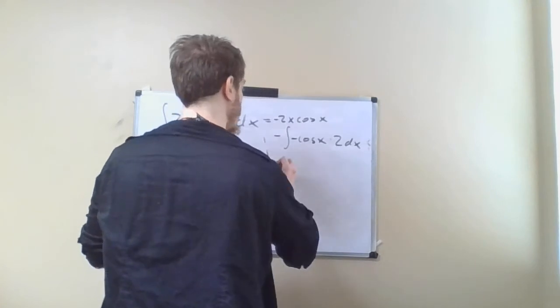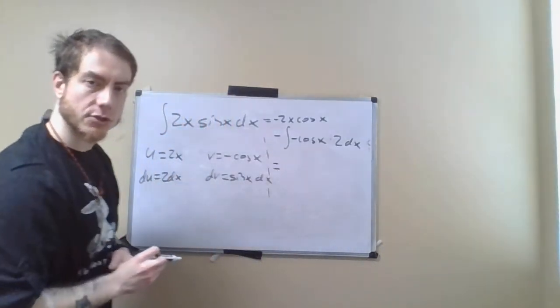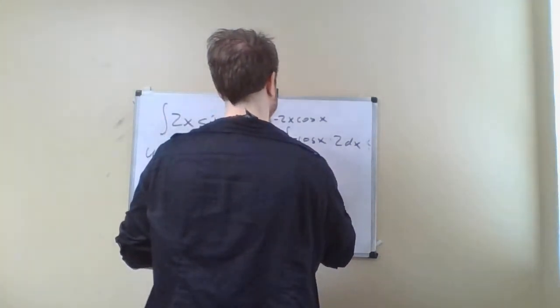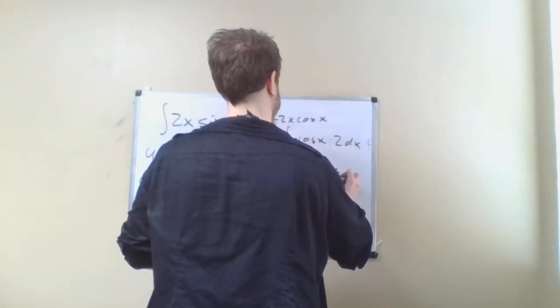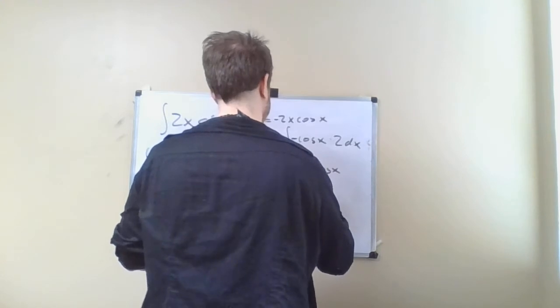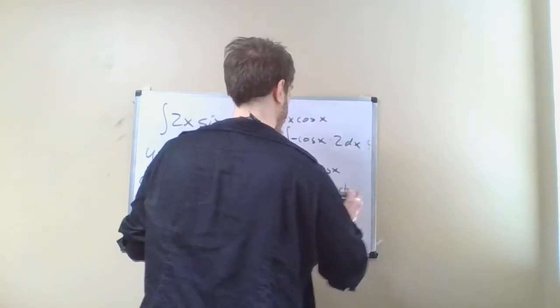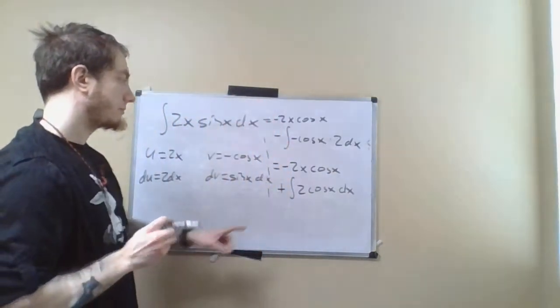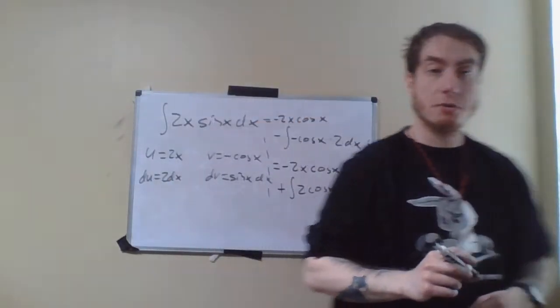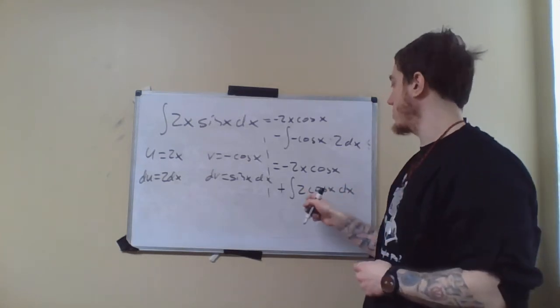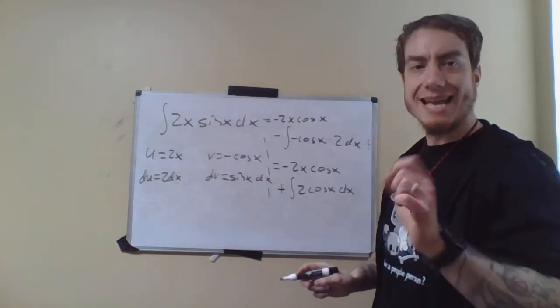So this becomes, and you'll have to excuse the scrunched in writing here, negative 2x cosine x plus the integral of 2 cosine x dx. But we know how to find the antiderivative of cosine x. See, this integral is simpler than the one that we started with, and that's kind of my goal.